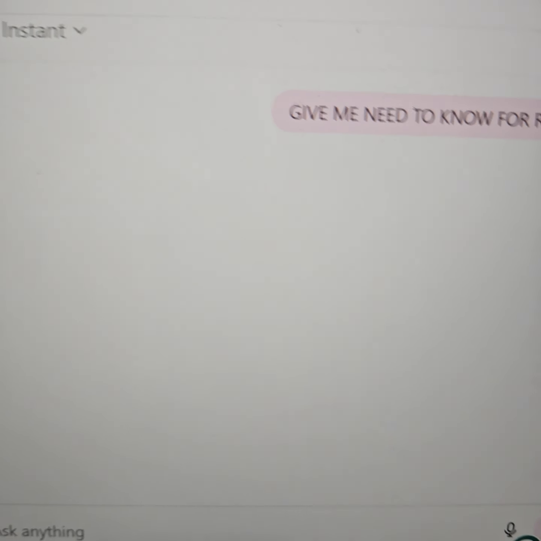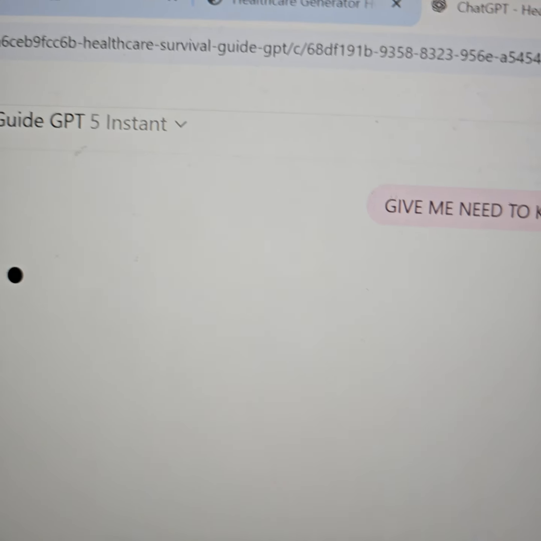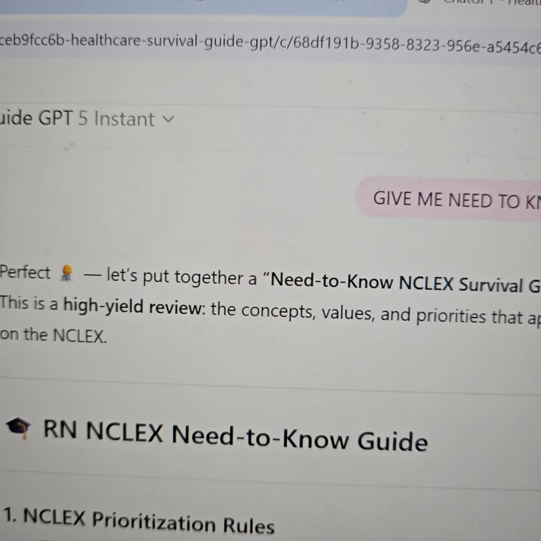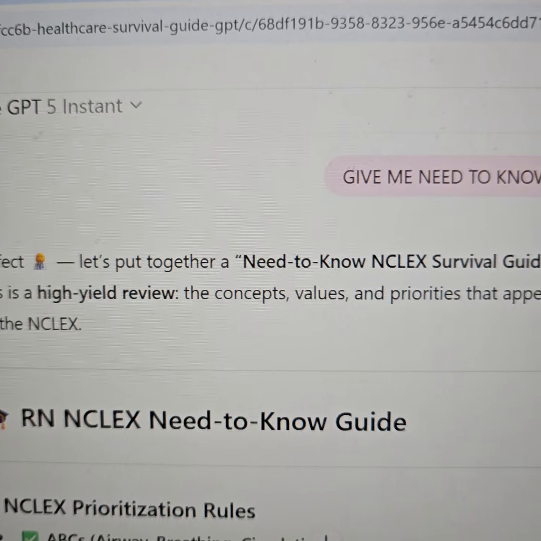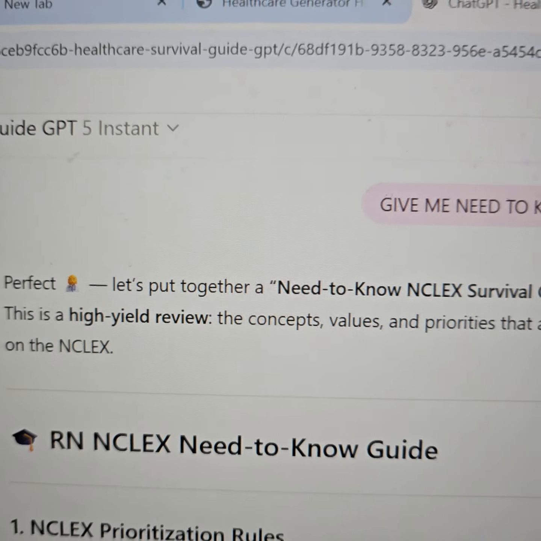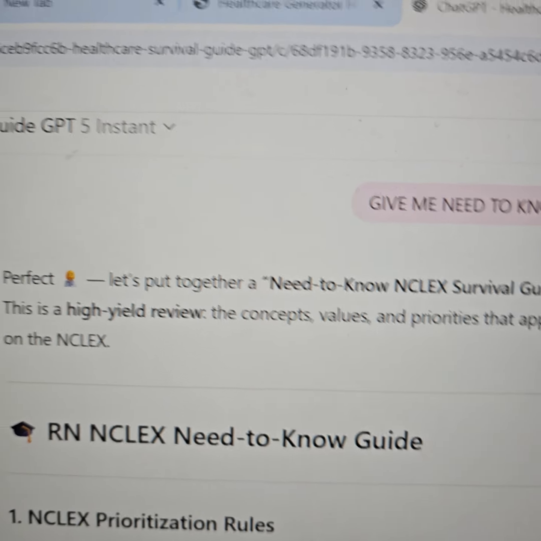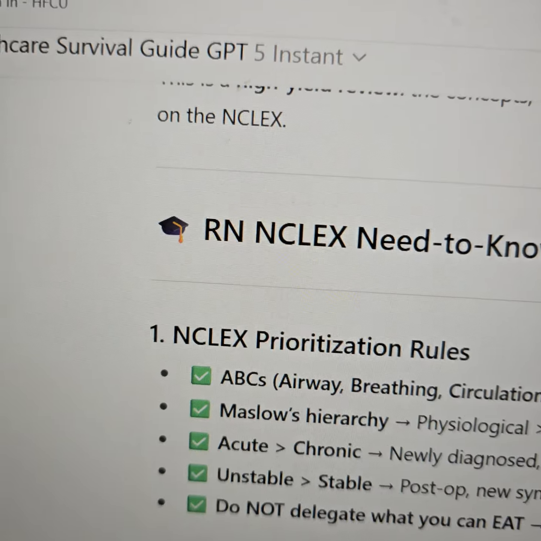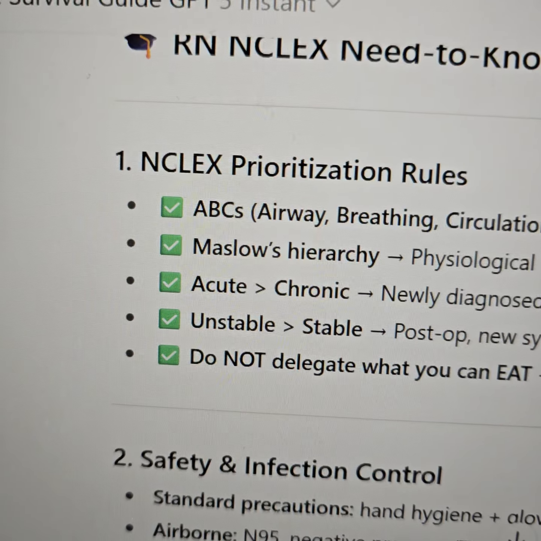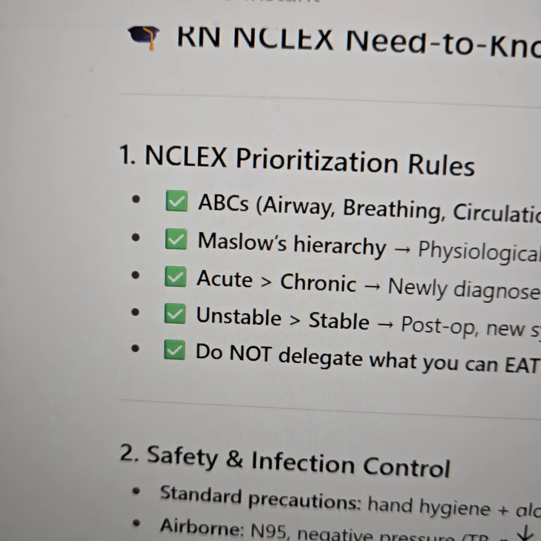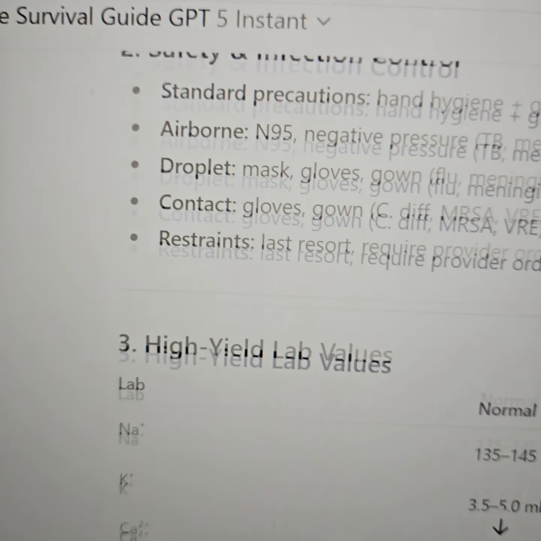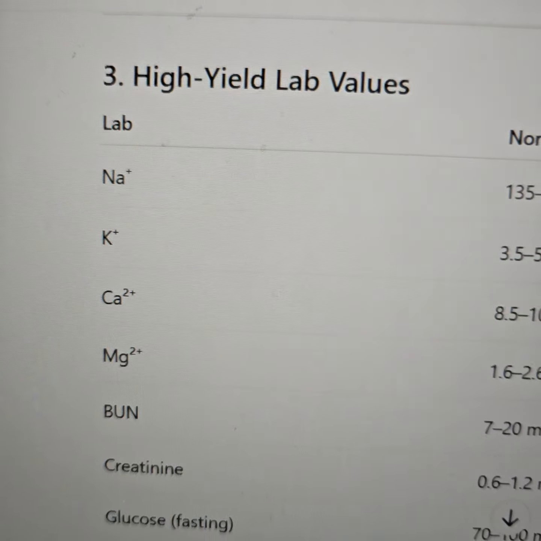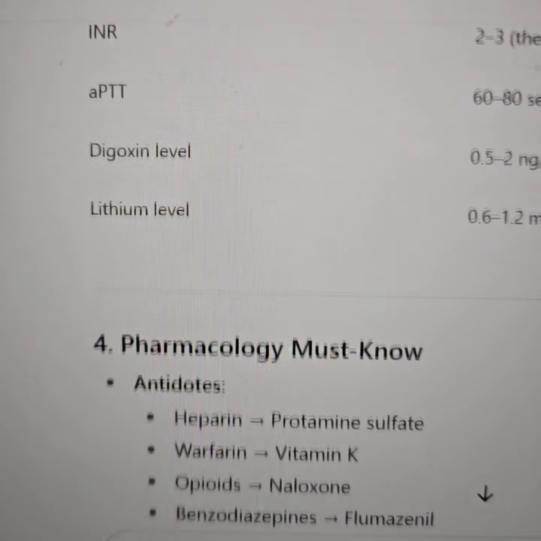You can also tell it to give you a guide for NCLEX, or give you 10 practice questions for NCLEX, right? And see, it's going to give you what you need to know to study for your NCLEX, right? Safety, infection control, what labs you need to look for, right?